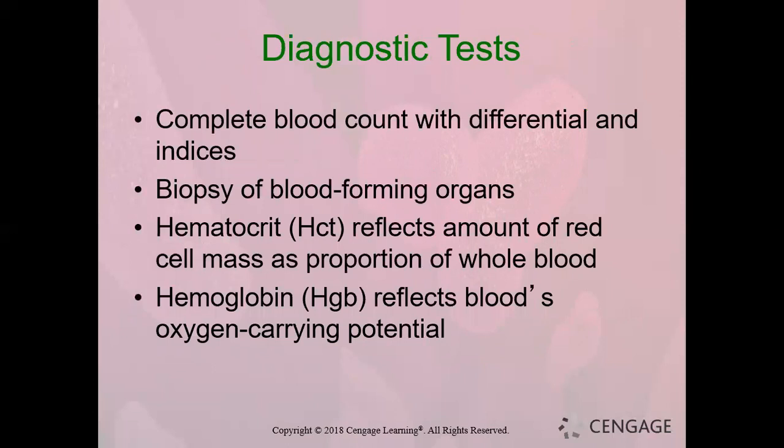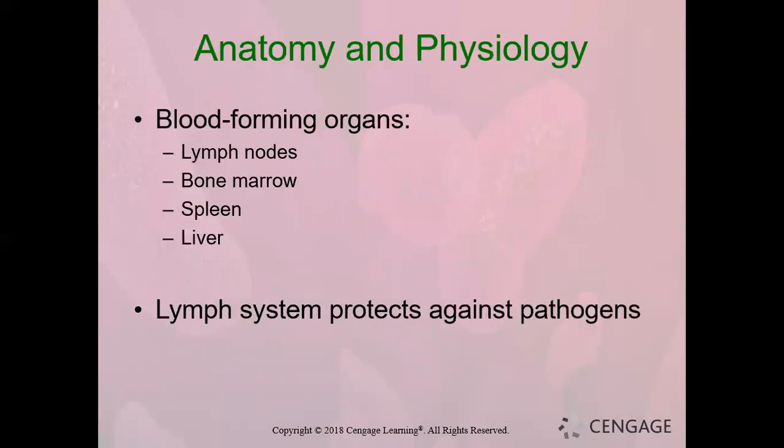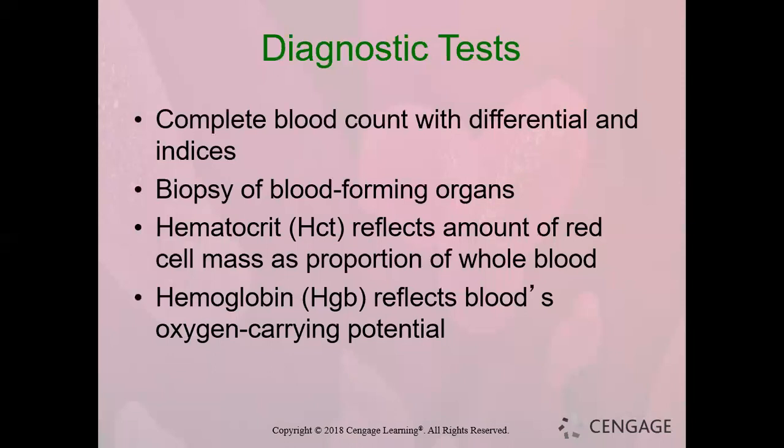Different tests that they're going to look at for this one are CBCs, that's complete blood count, with differential, that's going to tell them some of the neutrophils, eosinophils, white blood cell count, red blood cell count, those kinds of things. They're going to do a biopsy of some of those blood-forming organs. Hematocrit is going to tell us kind of the amount of the stuff that's in our blood.